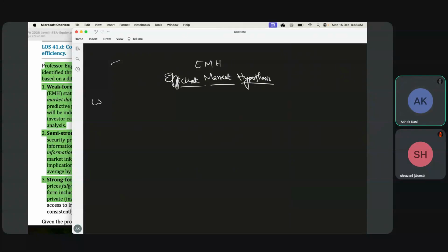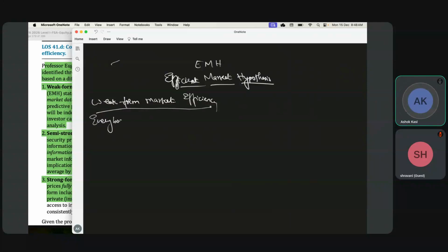So weak form market efficiency. What does it mean?